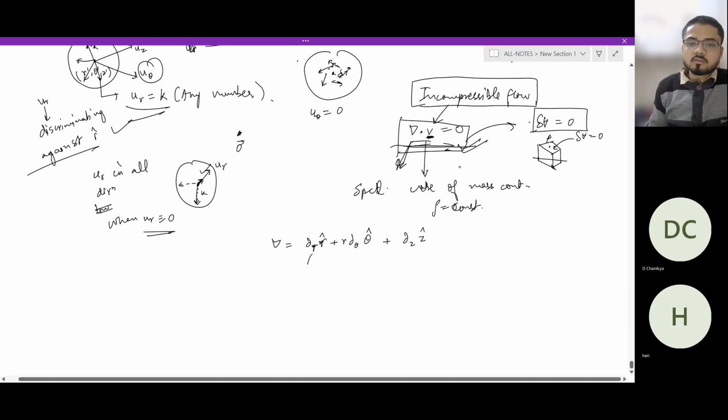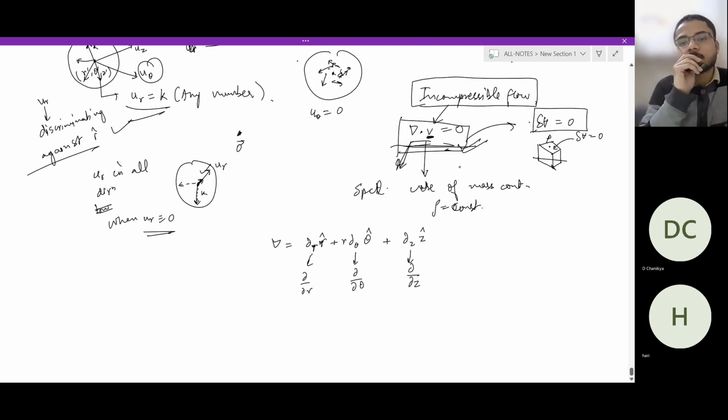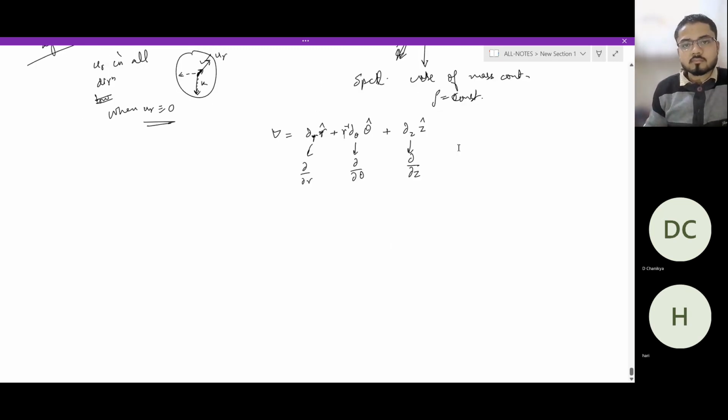So these are del by del r, del by del theta, del by del z. Or you might have been familiar with this form, del x cap plus del y cap plus del z cap, right?